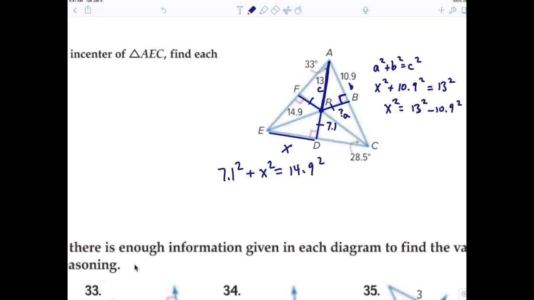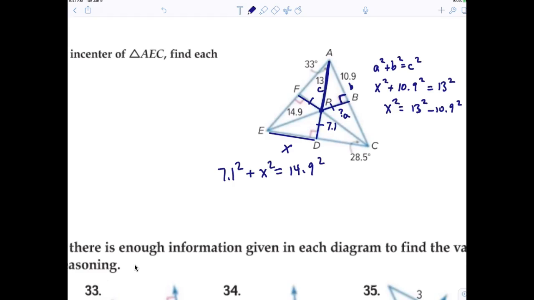You hit the second square root button, second answer. If you round it, I got 13. What was the answer? About 13.1. Okay.